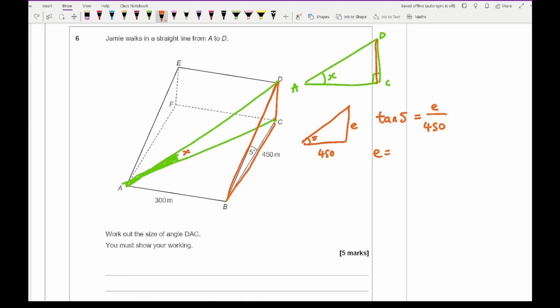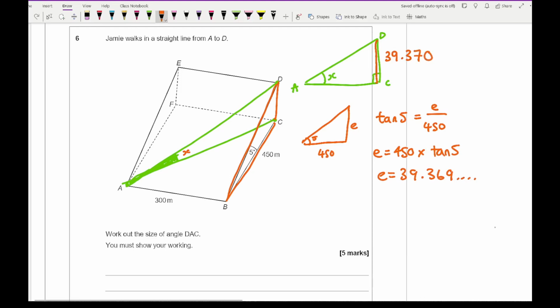So E equals 450 times tan 5. If I type that into my calculator, I get E equals 39.369, and it carries on from there. So E is DC, so I can write this as 39.370.